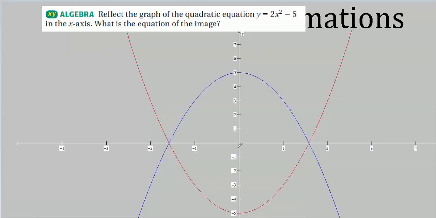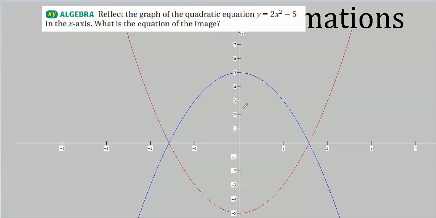Now what's the reflection about the x-axis? Well, remember, for any point (a, b), it's (a, minus b). In other words, the x-coordinate doesn't change, but the y-coordinate just becomes negative. So our low point, our minimum for the original equation, becomes our maximum for the reflected equation.